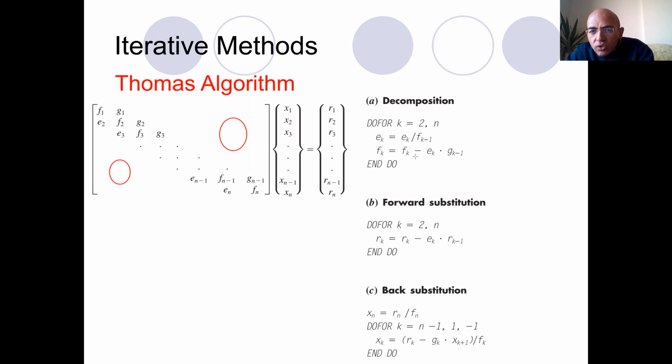Here is the pseudocode for the decomposition step. E_k is divided by F_(k-1), so you divide E_2 by F_1, and then you update F_2 by F_2 minus E_2 multiplied by G_1.